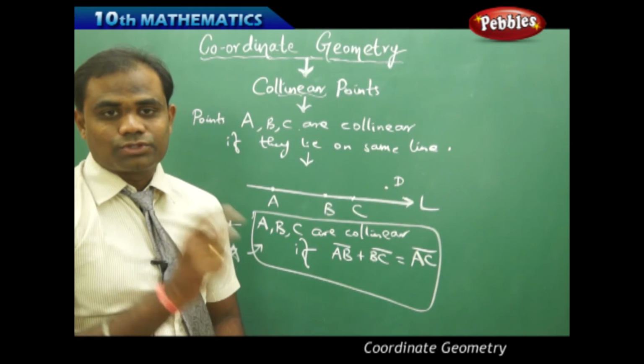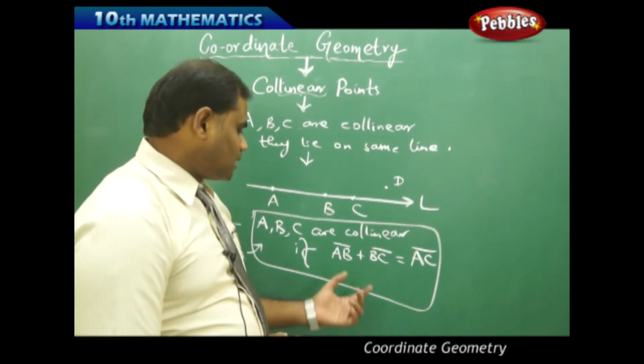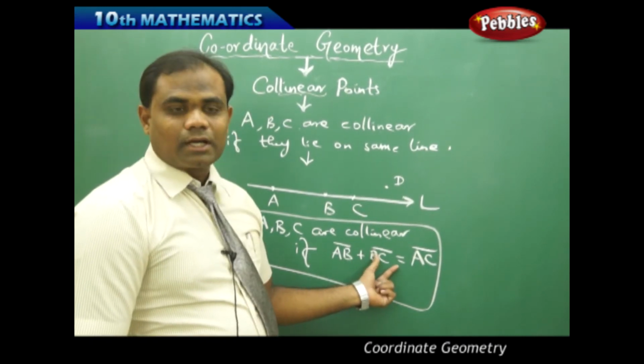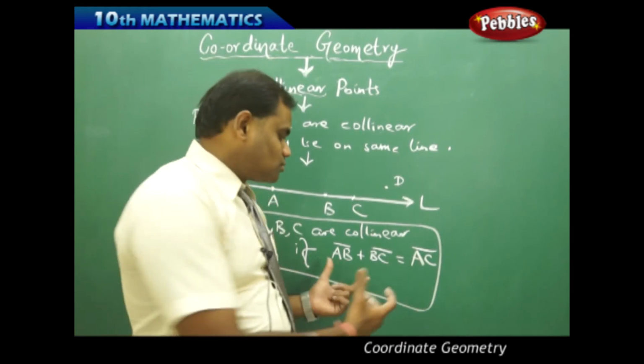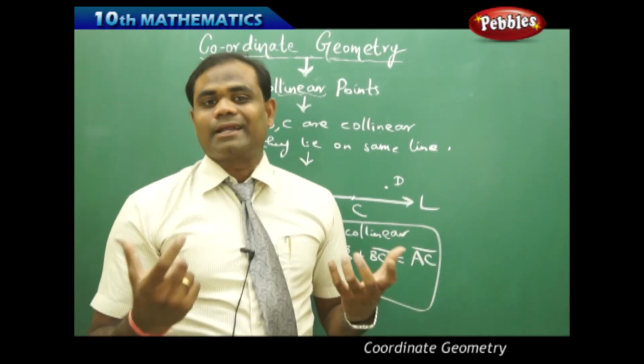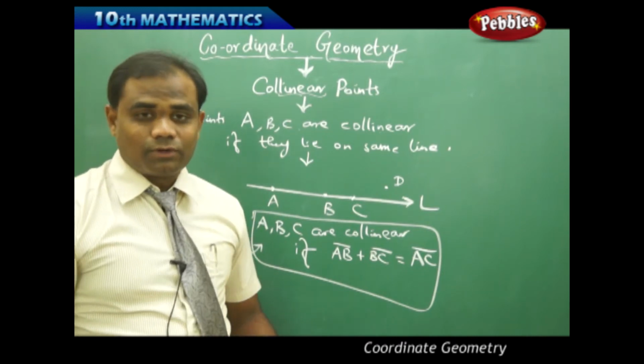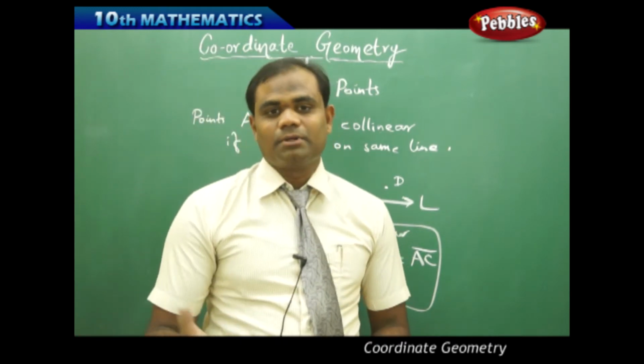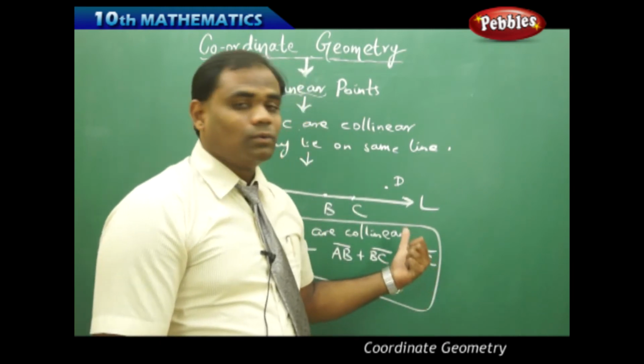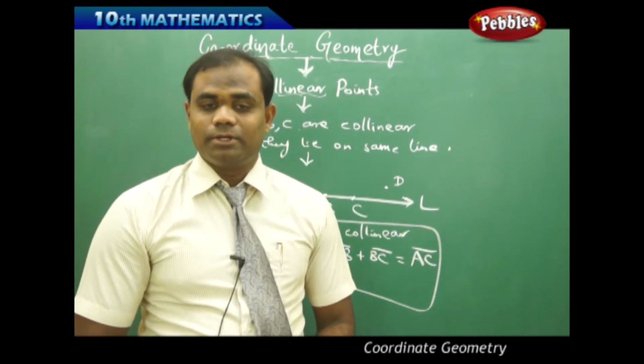So when I want to show that the 3 points are collinear, I find AB plus BC and I find AC. If these 2 quantities are equal, then I can say the 3 points are collinear. Let's follow this concept through an example problem and see how we can prove 3 points to be collinear.